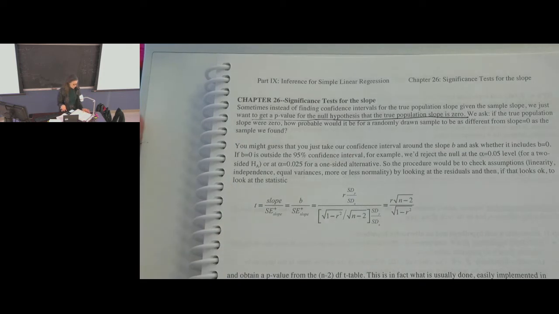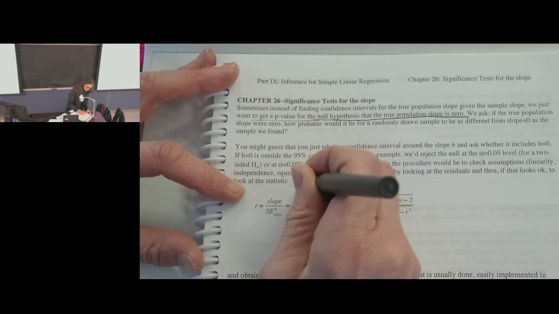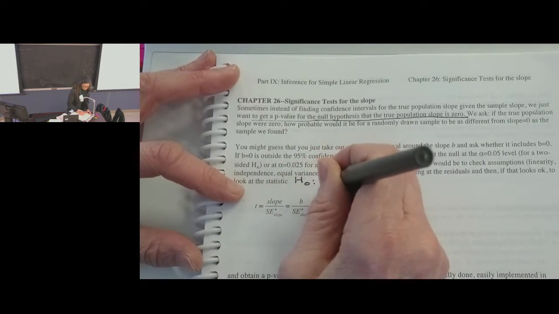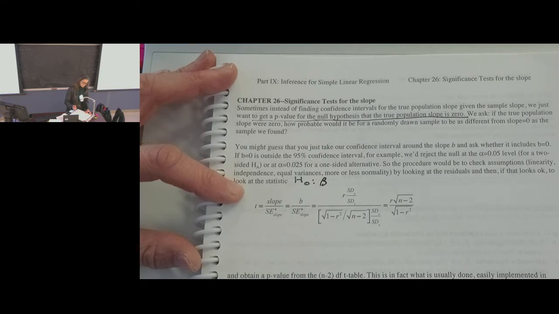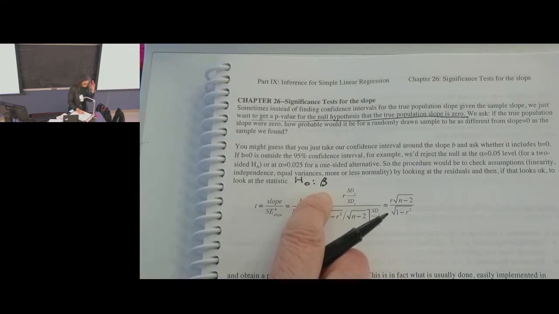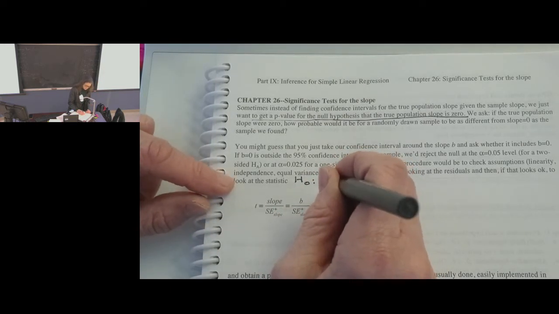So basically, what are we going to do? We'll be testing H naught, that beta, we have a model here, in the population, with these Greek letters, beta 1 for the slope, is equal to 0.